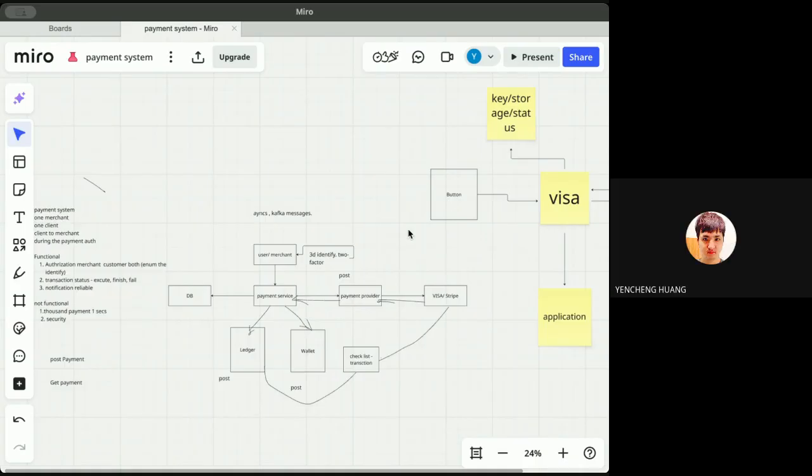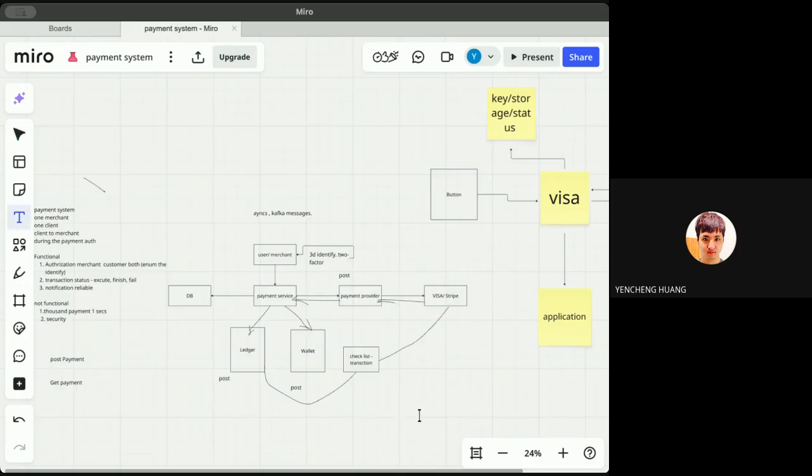Yeah, because we assume that the payment just pays once, even if he double taps the button, and we want to prevent this situation of double pay. We have two situations. One is the retry situation.